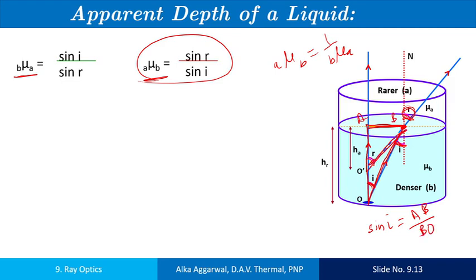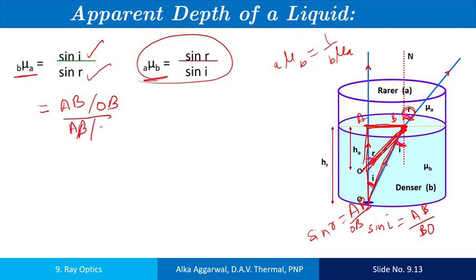And from this triangle, sine R equals AB upon O dash B. Now put the values of sine I and sine R. It becomes AB upon OB divided by AB upon O dash B, that is equal to O dash B upon OB.